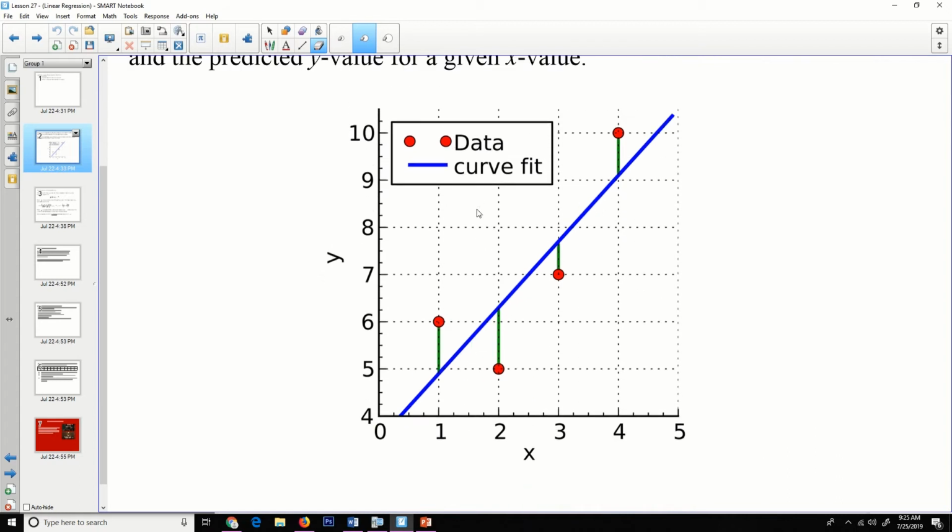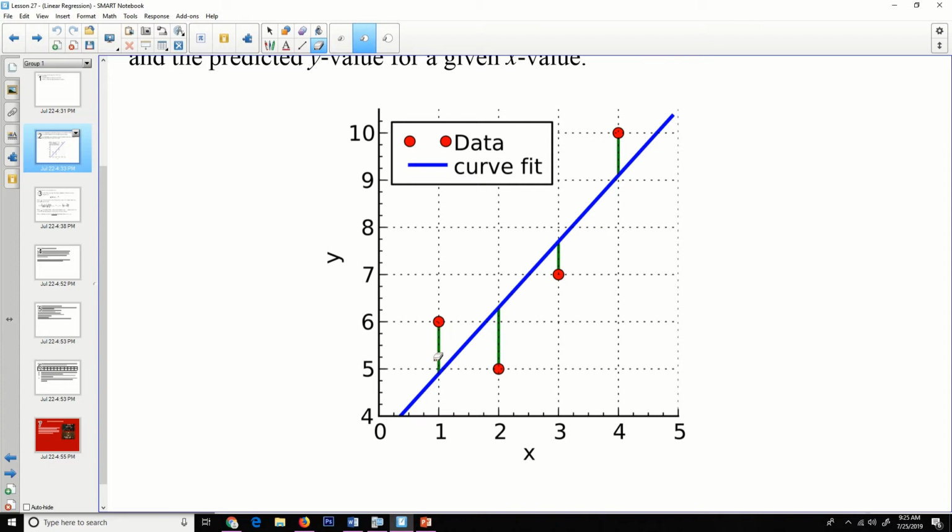So this is a very, very simplistic vision of what we're going to do with a regression line. But here we see four pieces of data, and we could say, using just the eye test, that they're kind of correlated. As we go left to right, they tend to go up. And so a line of best fit, what the calculation is going to do is take these distances right here, which are in green, and each one is different.